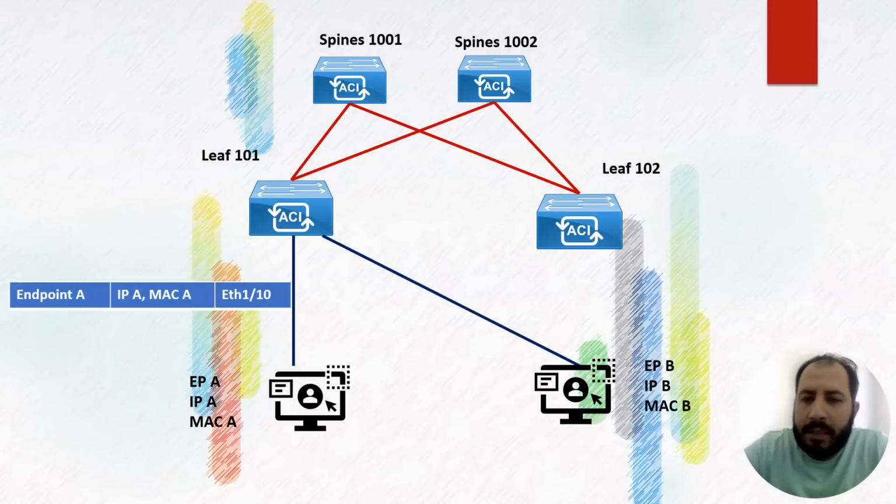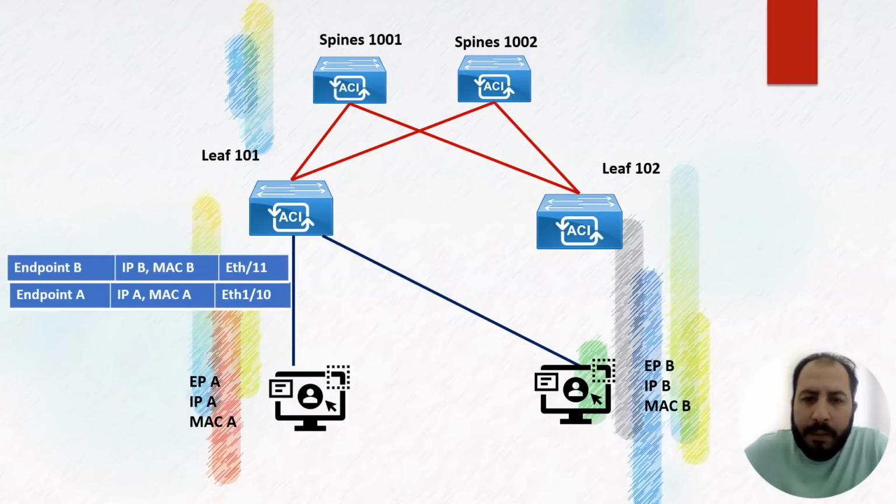Now, let us discuss the first scenario, which is my endpoint, my leaf, or my connection between 2 endpoints that are connected to the same physical leaf. What will be the traffic flow here? Simply, the request will reach the leaf.